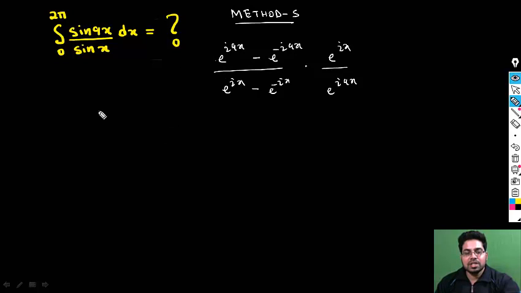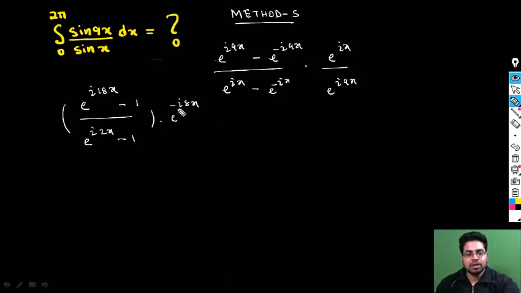So this expression is then becoming e to the power i18x minus 1 divided by e to the power i2x minus 1, into this expression, e to the power minus i8x. Now let me consider this e to the power ix as equal to a.